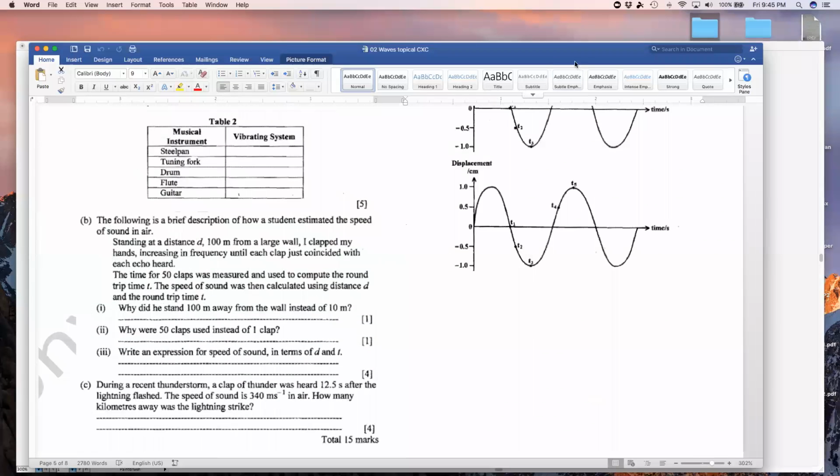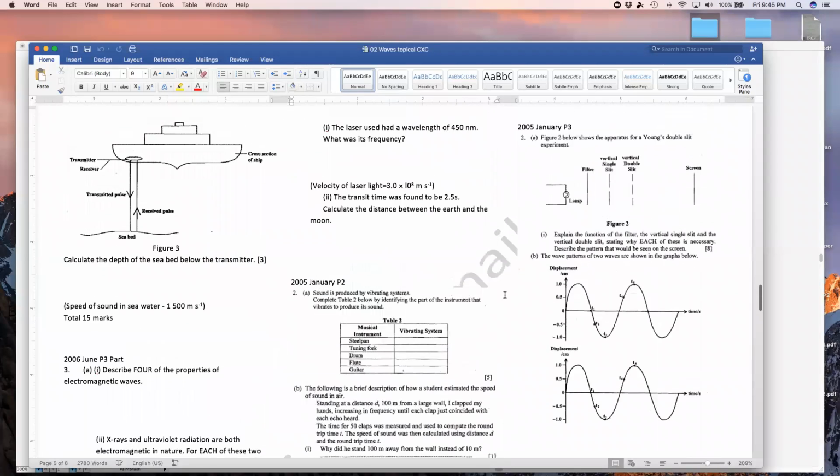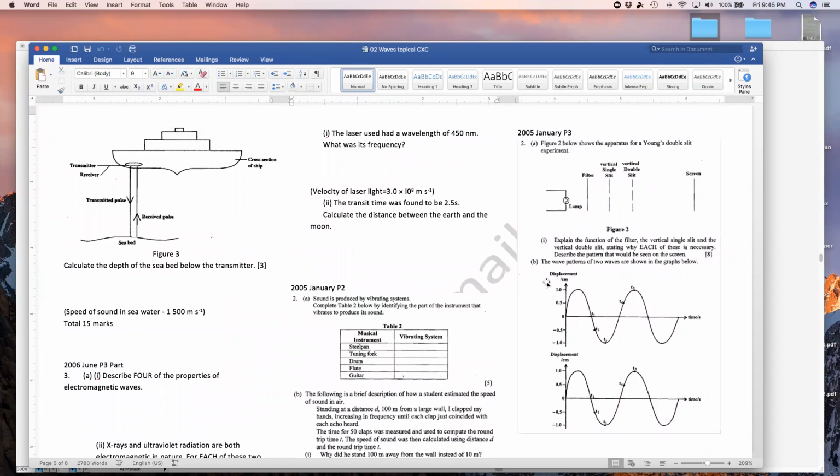Let me just make it a little bit smaller. It's kind of taking over my whole screen. I saw a question just now and it looked unfamiliar. Okay, I'm going to scroll back now.